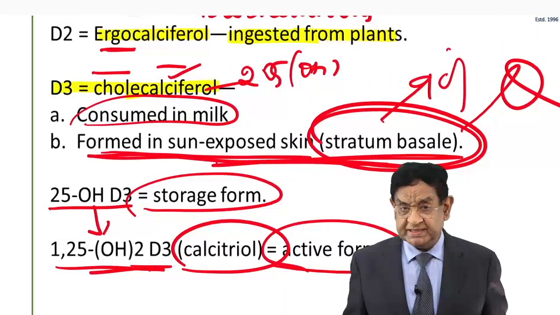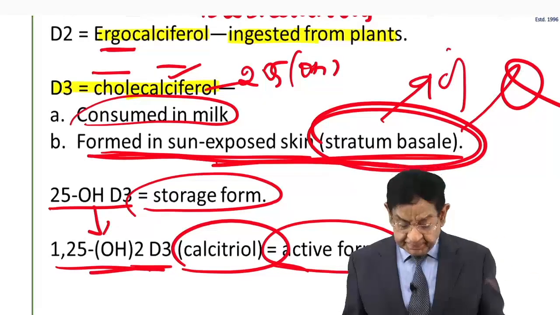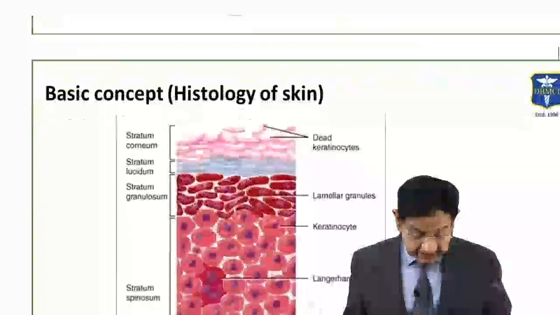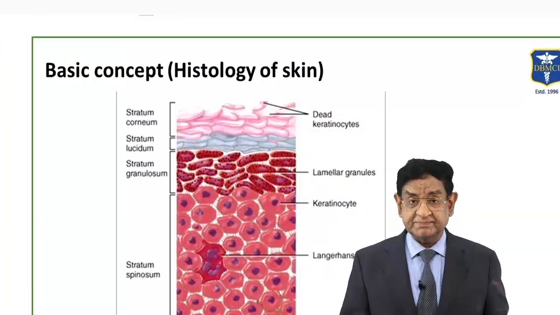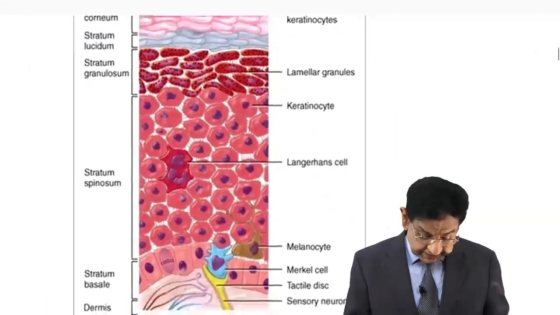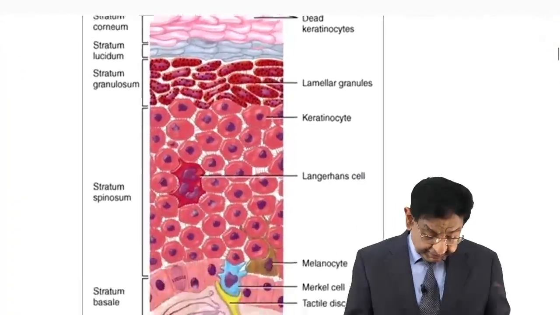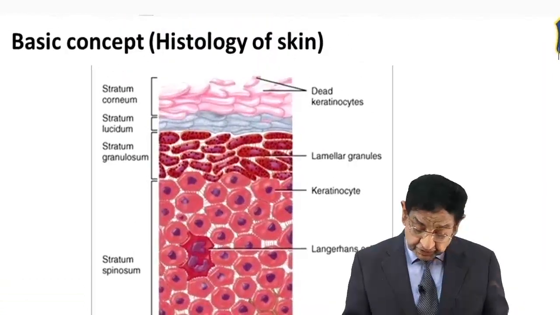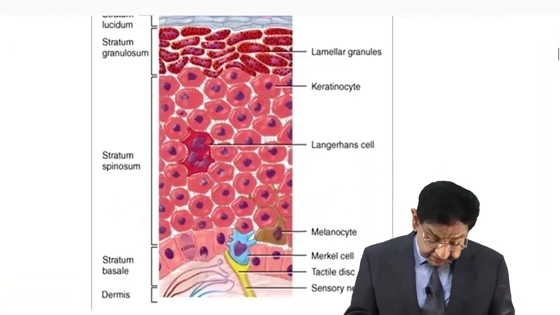90% of vitamin D is actually made by sunlight, and in the skin it is made by the stratum basale. So let me tell you the basic concept about the histology of the skin also. In the histology of skin, we have the epidermis and dermis.